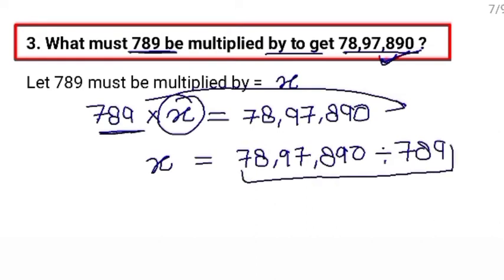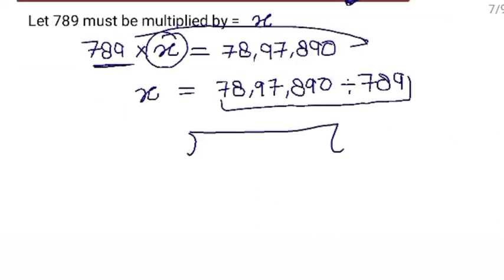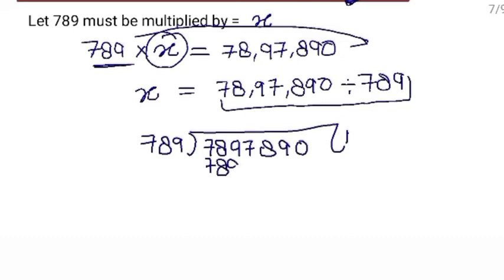Now simply you will divide them. 78,97,890 divided by 789. 789 means 789. Subtract, 0. Copy down the next digit 7.